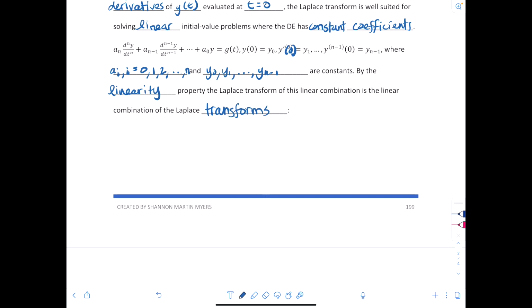And so we will have a sub n times s to the n, the Laplace transform of y at t, which is capital Y at s, and then minus s raised to the n minus 1 times y at 0, minus s raised to the n minus 2 times y prime at 0, minus dot, dot, dot, minus y to the n minus first derivative at 0.